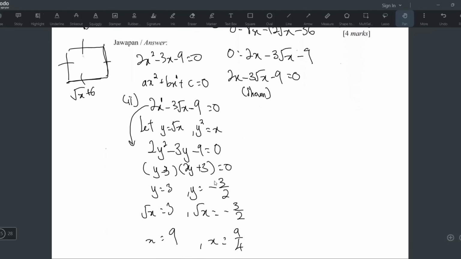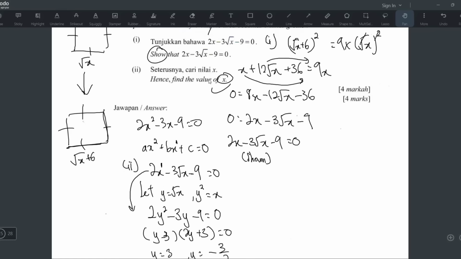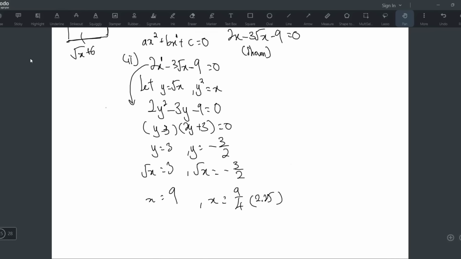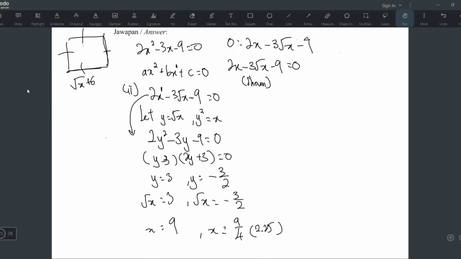Okay, 9 over 4 in decimal is what? Let's press, 2.25. I'm not too sure which answer to take, because the question here says find value. It doesn't say find values, right? But both also can.